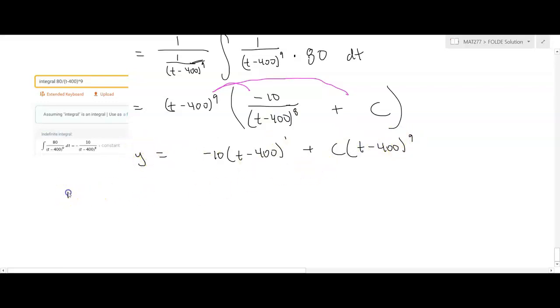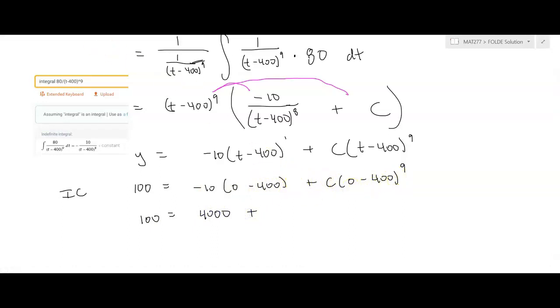So now for our initial condition, we said initially there are 100 pounds at time 0, and 0 minus 400 here to the ninth power. And this gives me 100 equals, this will be 4,000 plus, or I should say rather minus, negative 400 to the ninth times c.